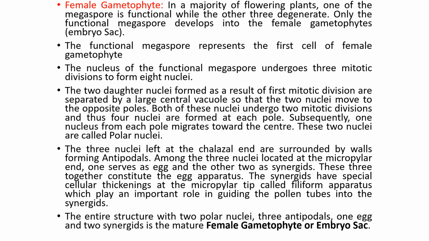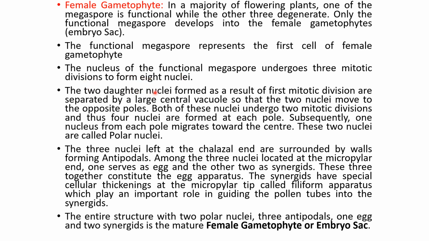Female gametophyte. In a majority of flowering plants, one of the megaspores is functional while the other 3 degenerate. Only the functional megaspore develops into the female gametophyte or embryo sac. The functional megaspore represents the first cell of the female gametophyte. The nucleus of the functional megaspore undergoes 3 mitotic divisions to form 8 nuclei.